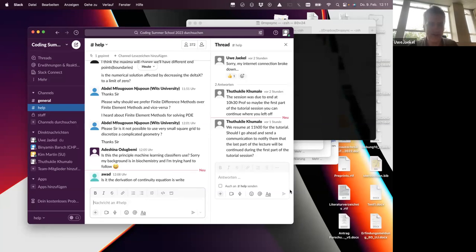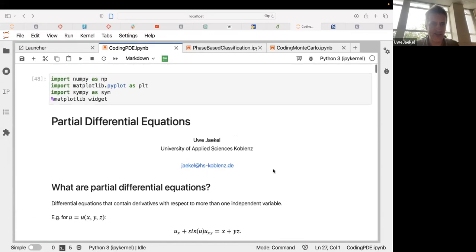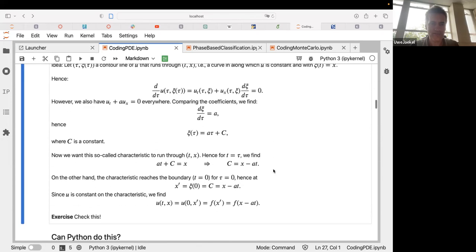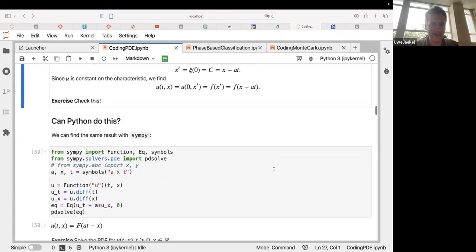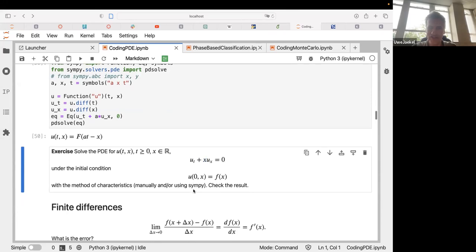Or we could discuss the exercises I've inserted. For instance, here, by the method of characteristics, one exercise could be that we solve this equation, where we have a non-constant velocity, but the velocity depends on x.